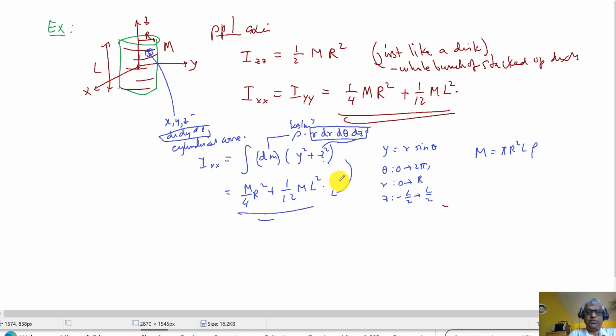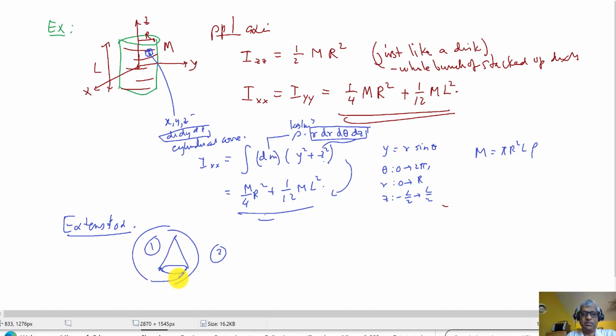Another extension of this calculation that you may want to try is the moment of inertia of a cone. You can tell what the principal axis should be for this, right? This is one problem that often shows up in competitions.